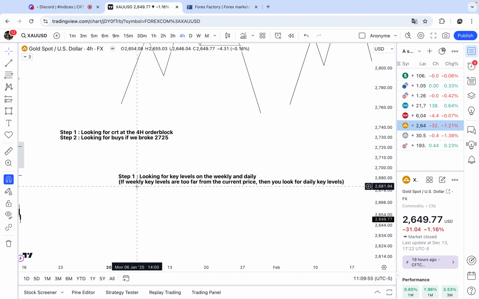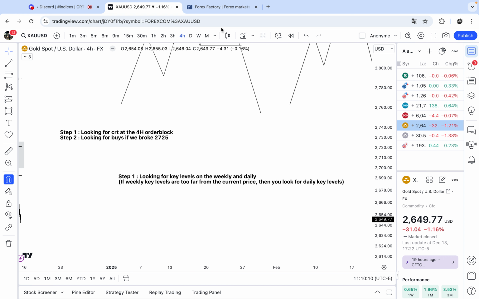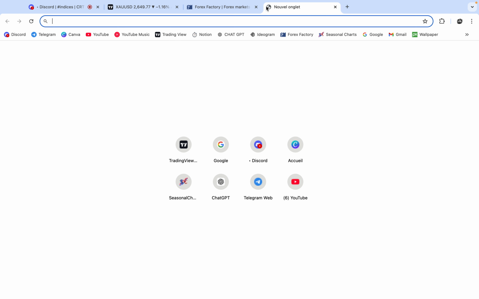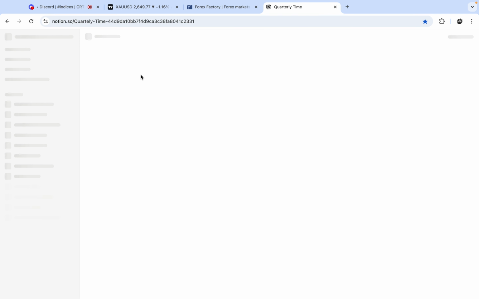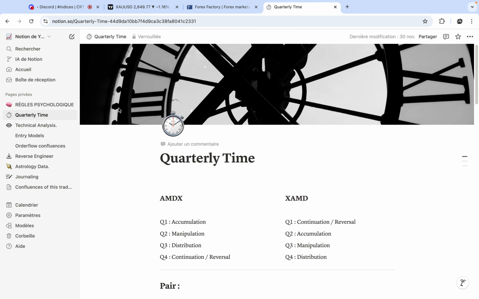If weekly key levels are too far from the current price, then you look for daily key levels. All right? You know what? This sucks, man. I will put it on Notion and I'm gonna share it with you guys right after. It's gonna be way better.